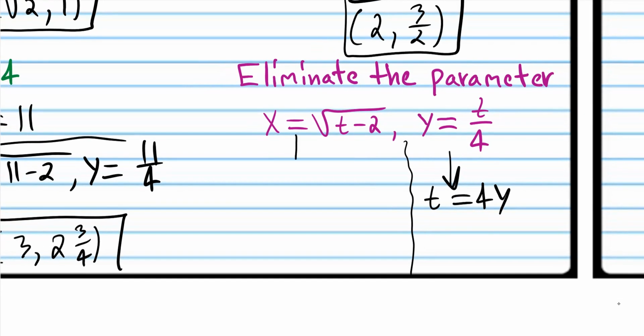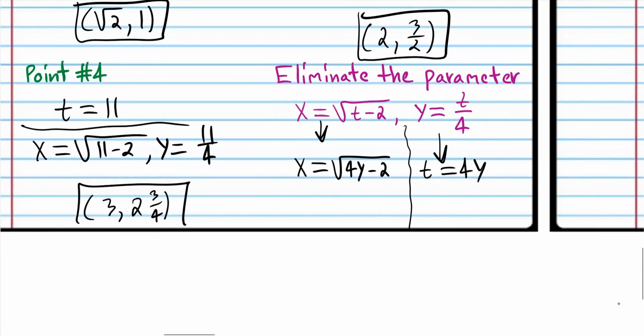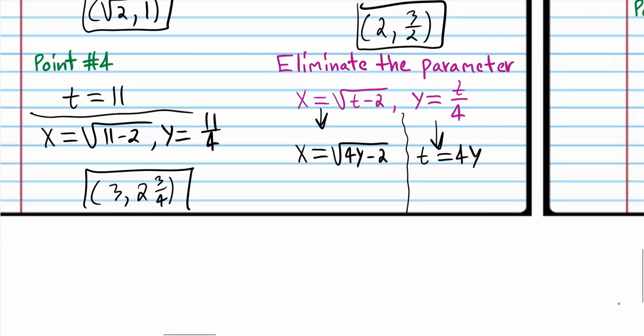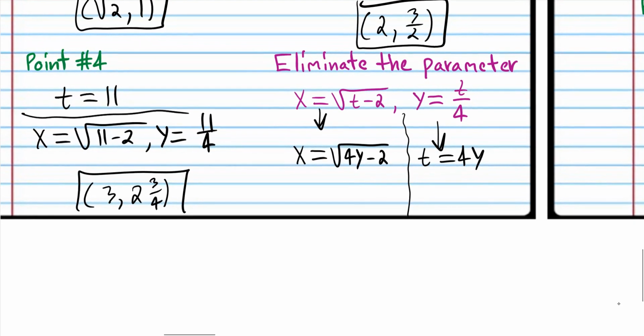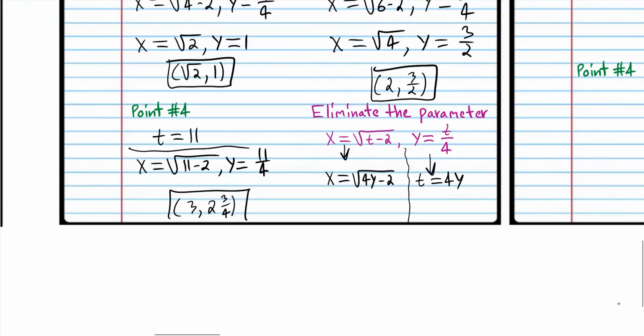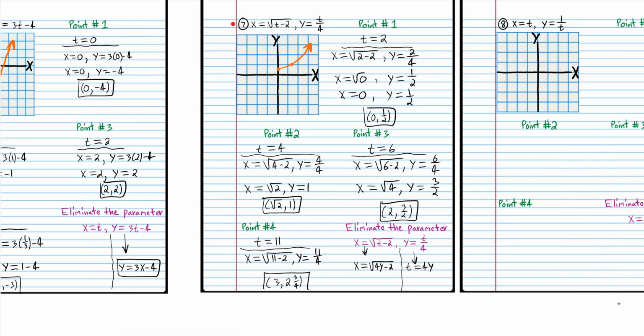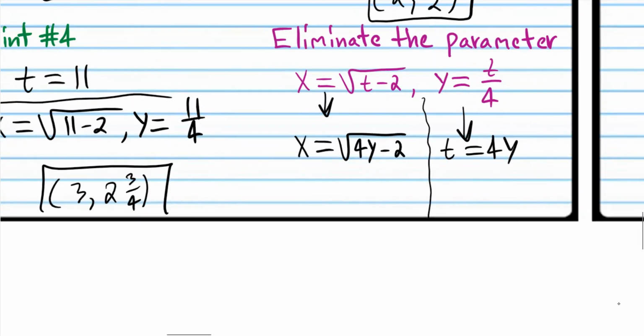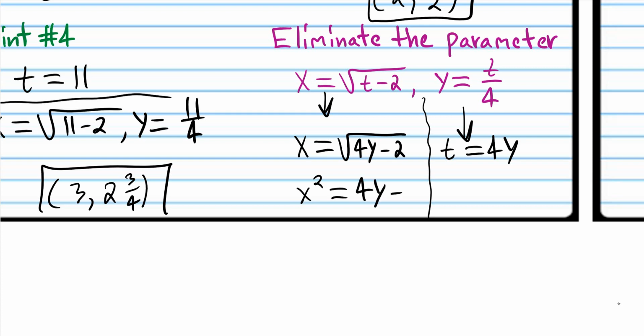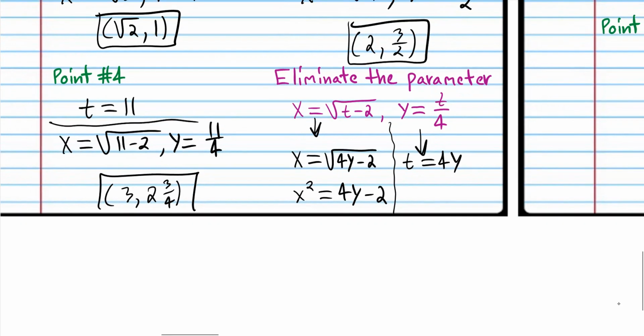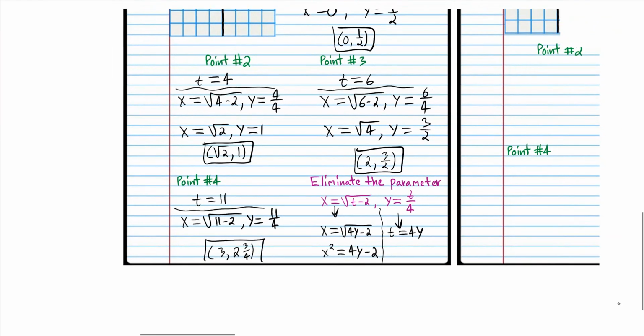Then I'm going to rewrite the other equation, and I'm going to replace t with 4y. So that is the equation. Now, because it's kind of difficult to see exactly what's going on here, we can square both sides, and now we see that it's just a parabola. It's a parabola going up.